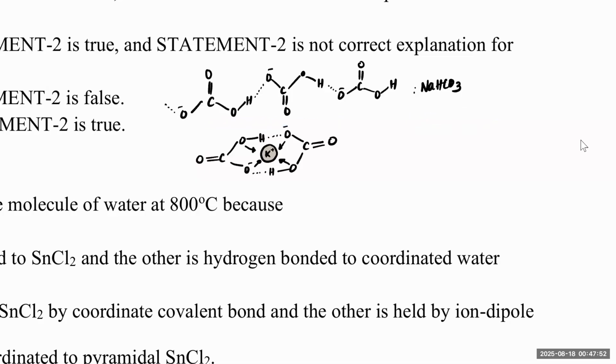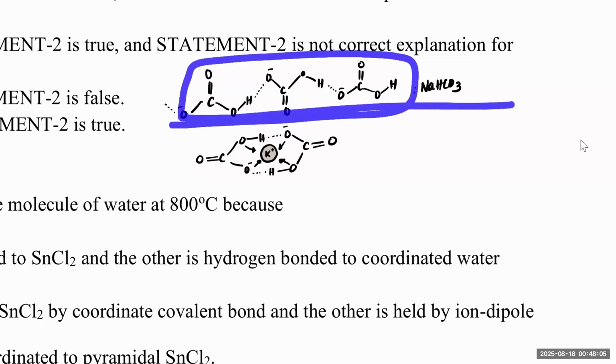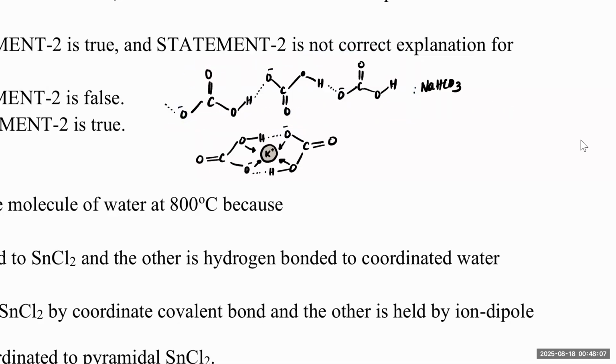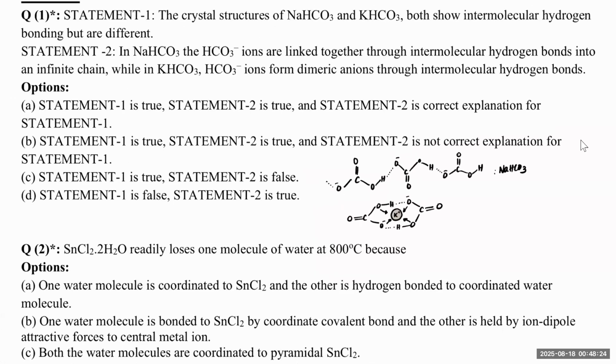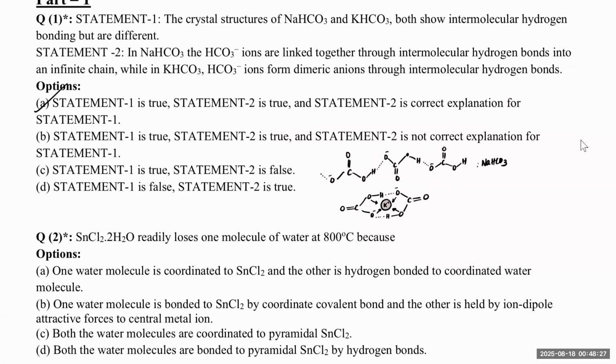The solubility down the group is increasing because there is very strong hydrogen bonding in NaHCO3 here. So that will be very stretched like this, because of which it becomes difficult for it to easily dissolve in water. Clear, everybody? So the statements, both of them are correct, and that is a correct explanation as well.